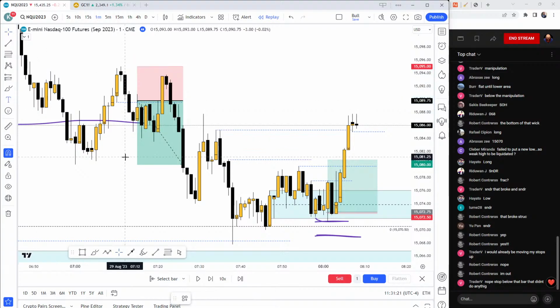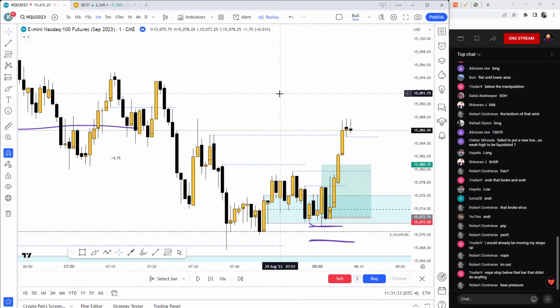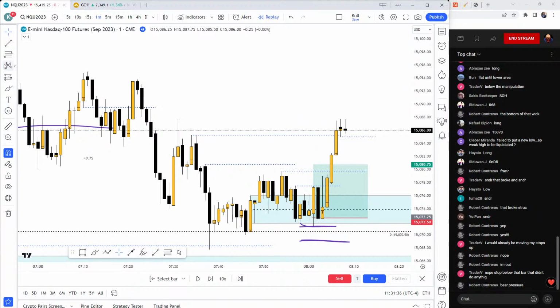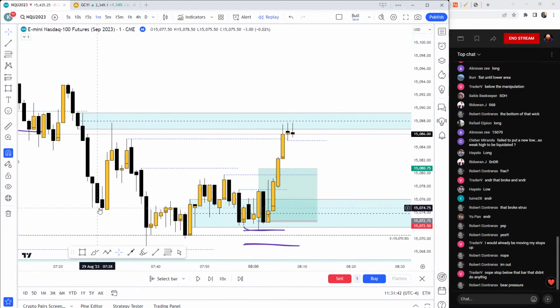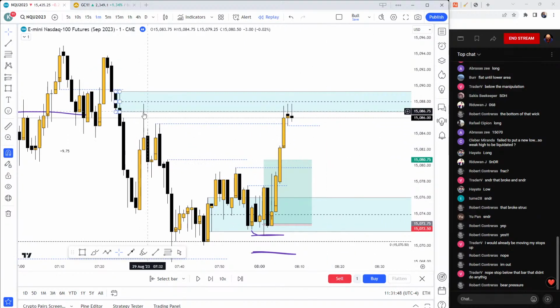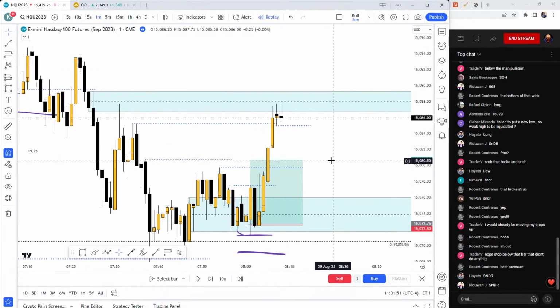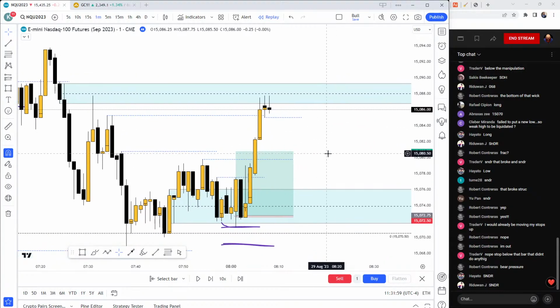Let's get rid of that. What's the most important area in this zone? It's this right here. The entire weight of that zone. No surprise we tapped into it here. So your conservative stop should be below this candle, with the understanding that it could go higher.